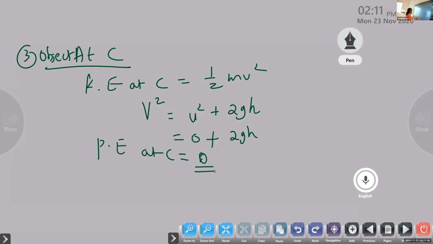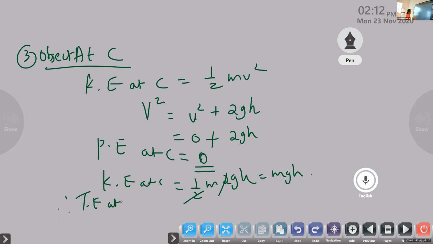So our kinetic energy at C will be half m, 2gh, the 2 cancels, and you will get mgh. So total energy at C is 0 plus mgh, which is equal to mgh.